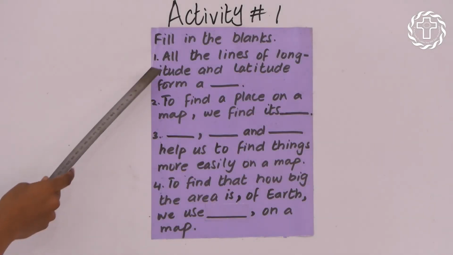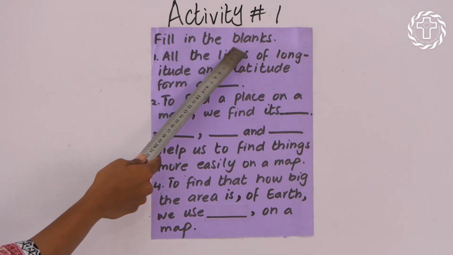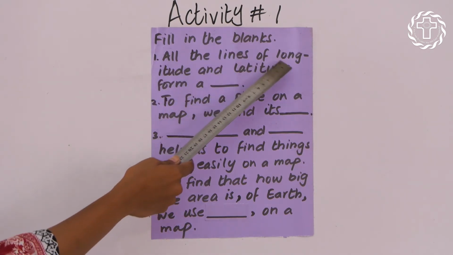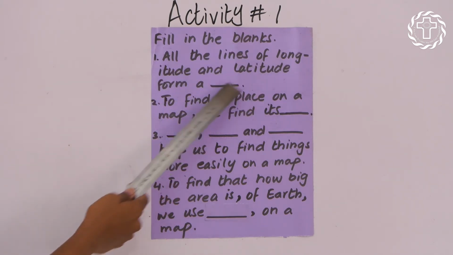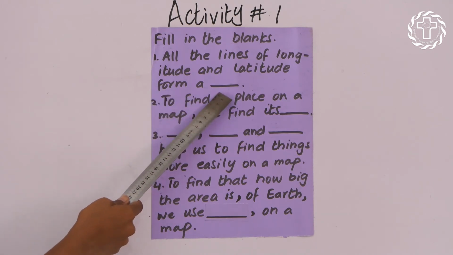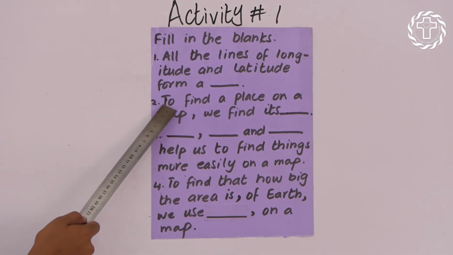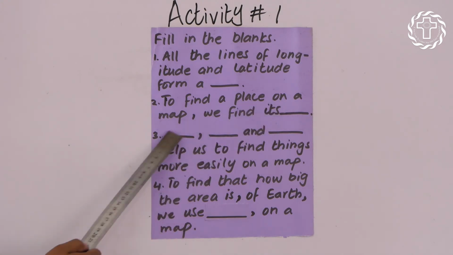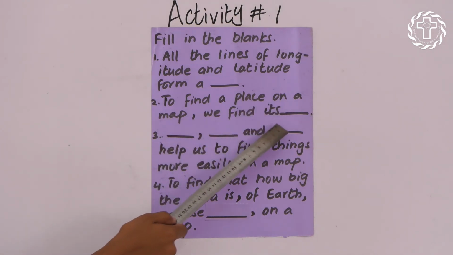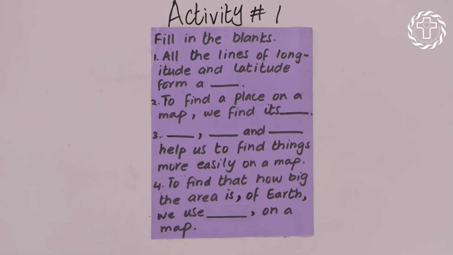This is your first activity. Fill in the blanks. All the lines of longitude and latitude form a dash, form a grid. To find a place on a map, we find its dash. We find its grid reference.